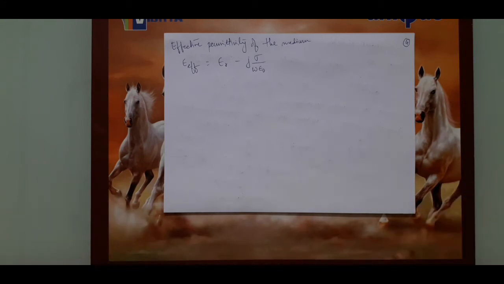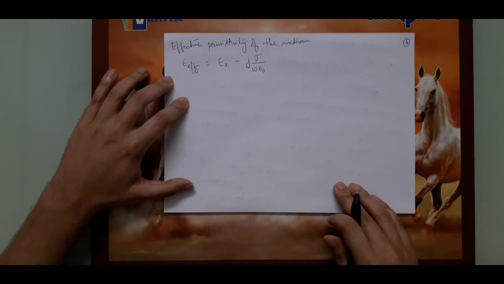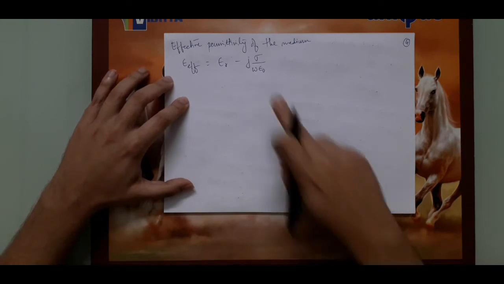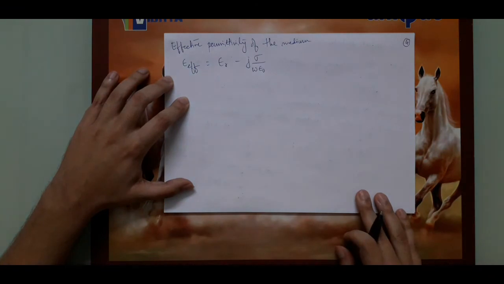Since the medium now has properties of both dielectric as well as conductor, one might definitely ask which one prevails. Of course, it depends on all these quantities. What we can say is that when the imaginary term becomes very, very large, the medium behaves more like a conductor.